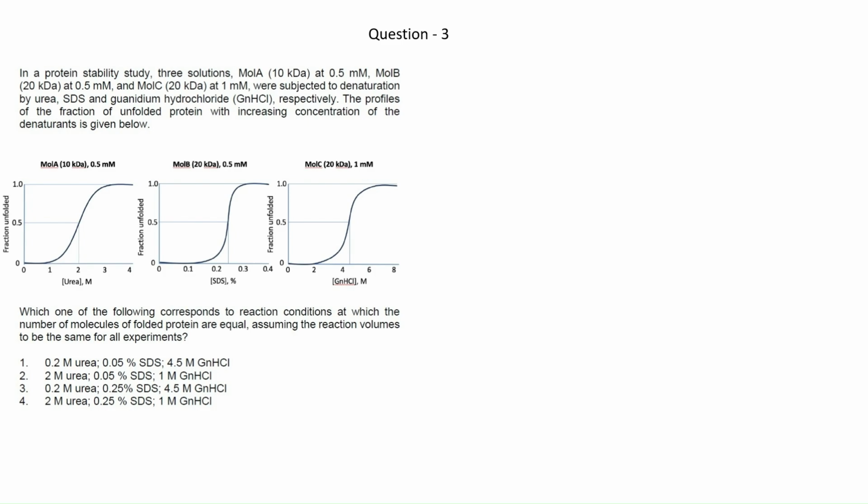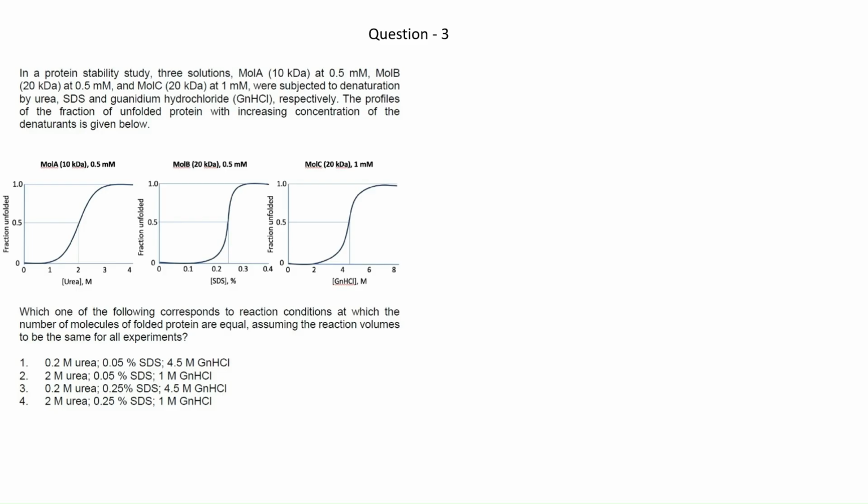The profiles of the fractionation of unfolded protein with increasing concentration of the denaturants is given below. Now, which one of the following corresponds to reaction conditions at which the number of molecules of folded protein are equal, assuming the reaction volumes to be same for all experiments?